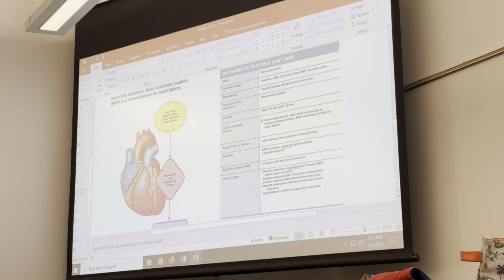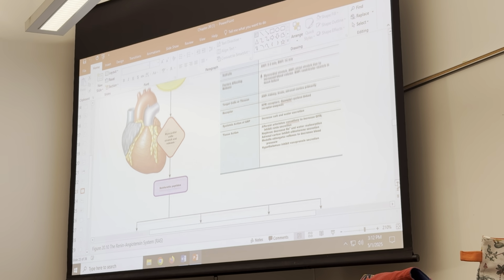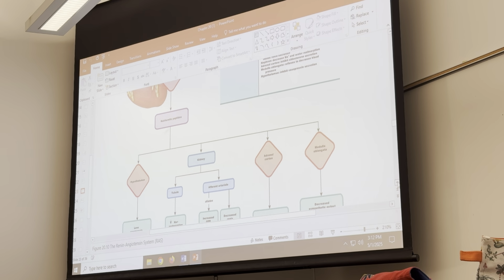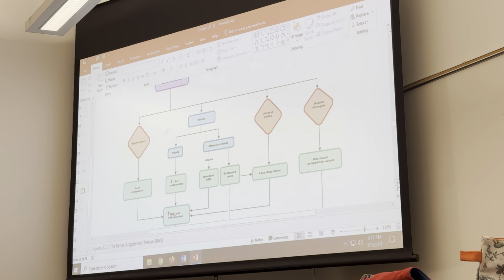So increased blood volume causes increased atrial stretch, and that is the key stimulus for the natriuretic peptides to be released. They're released from the ventricles and the atria, in addition to the brain and a few other organs, but those are the ones we're going to focus on.